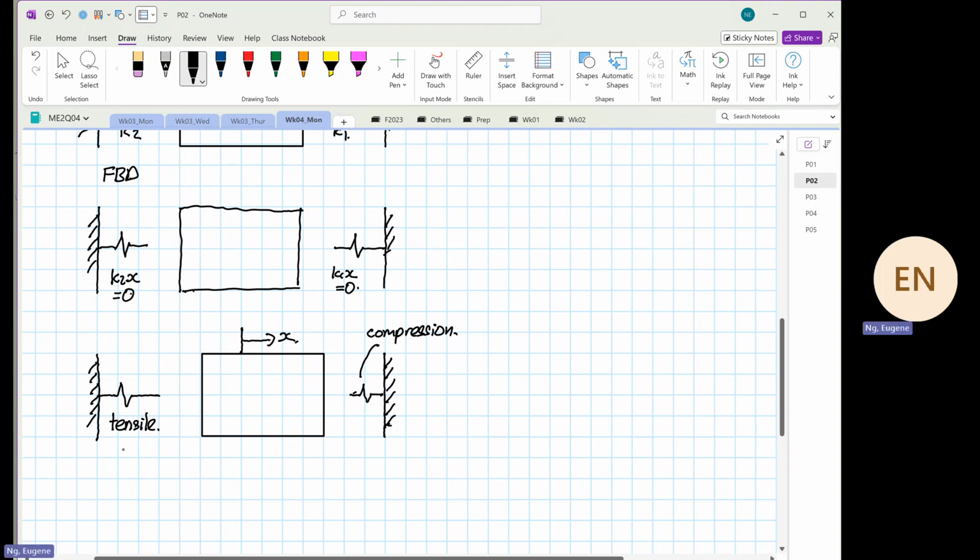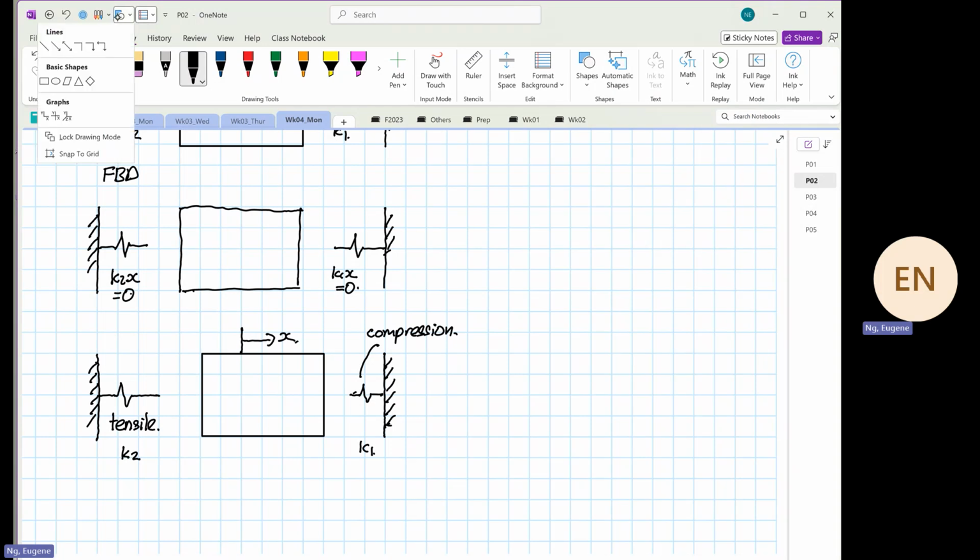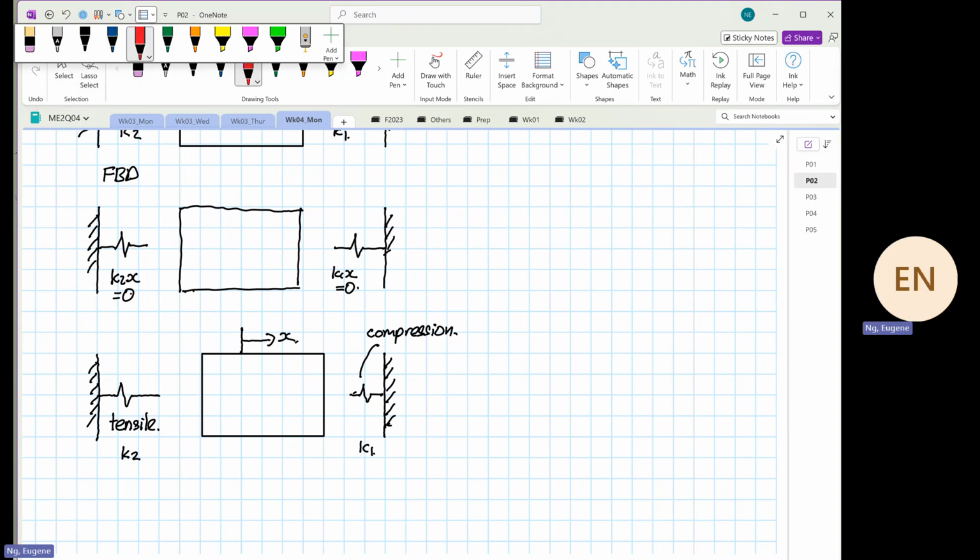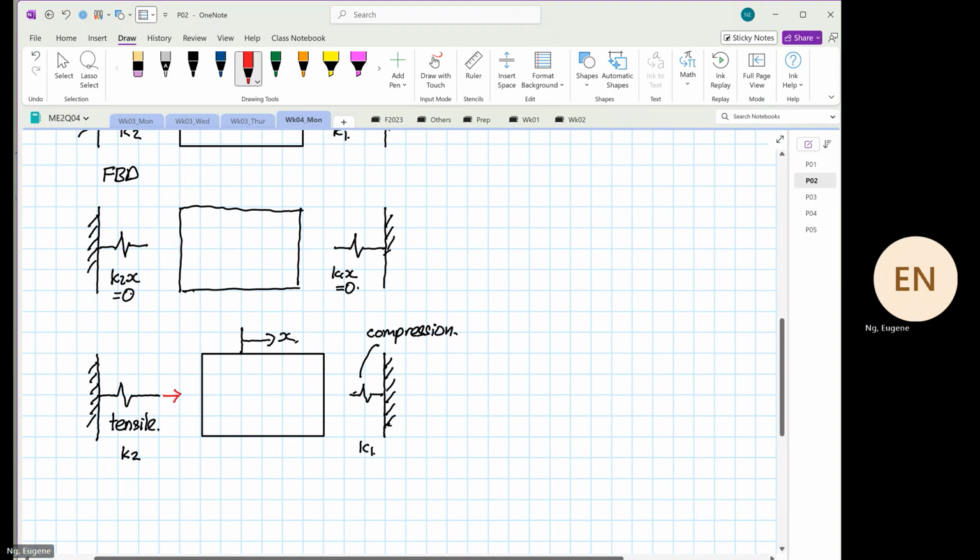Okay, so this is our K2, and this is your what? K1. Okay. Now, to get K2 to be in tension, the spring force has to go towards the right or towards the left? Anyone? If I want K2 to be in tensile, the force has to be towards which direction? Right. Am I right? So when you pull this, it's going what? Longer. Okay.